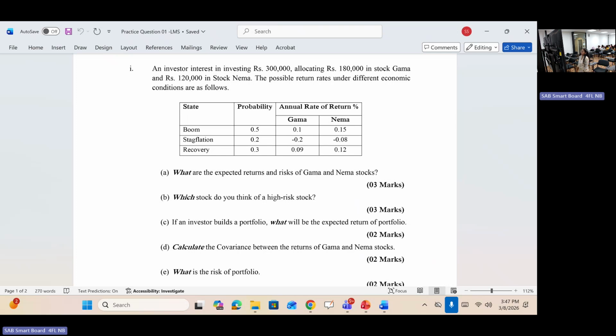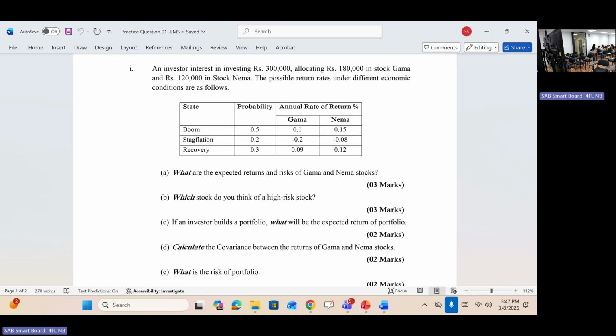Okay, we'll read the question. An investor is interested in investing 300,000, allocating 180 in the stock Gamma and then 120 in the stock of Lemma. Highlight it if you have not. 180 and 120. This is for what?